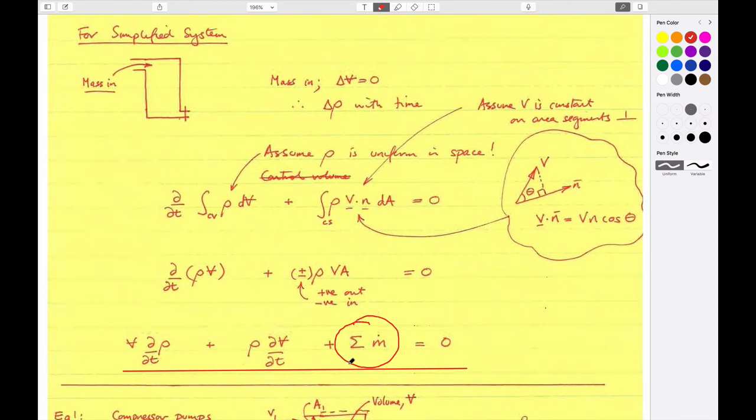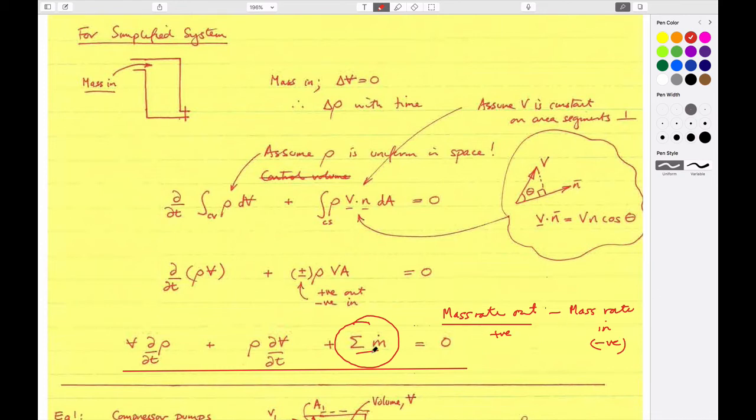So it's really mass rate out minus mass rate in. And it's better to write it this way, of course, because out is positive, this is the positive value, and this is negative.